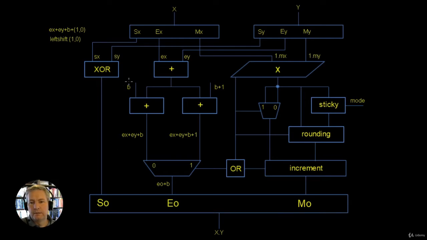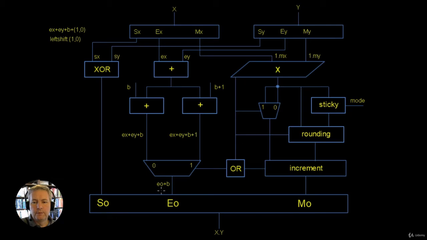So we've added the plus b on in here, and we've added the b plus 1 on in this one. So when we come down here, we choose whether we want the output to be the +1 or just the +0, and the choice is made from the 48th bit of the multiplier.